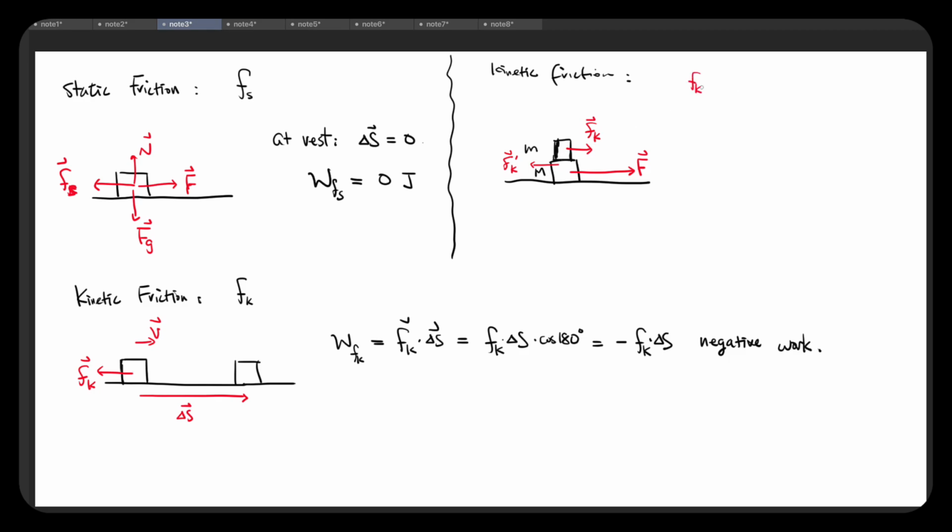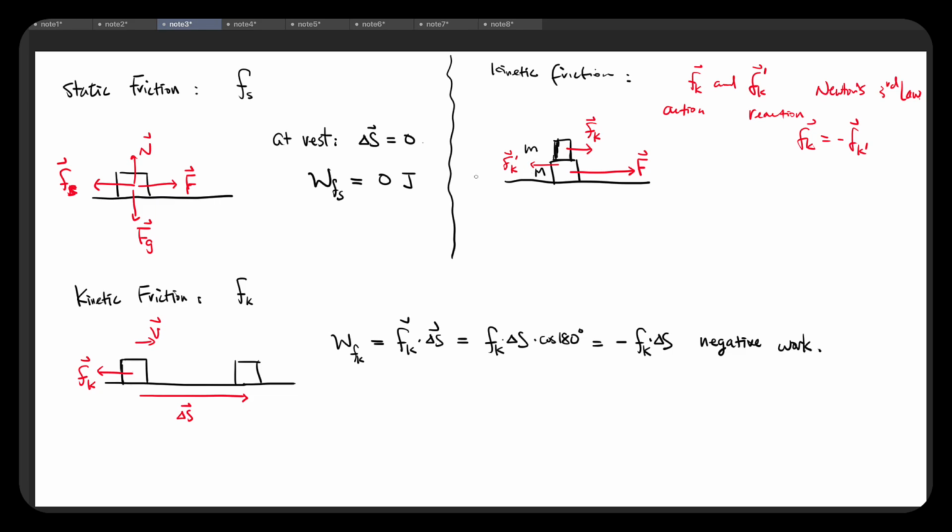Again, Fk and Fk prime are the action and reaction according to Newton's third law. They're equal in magnitude, right? So Fk equals negative Fk prime. So they're equal but in opposite directions.